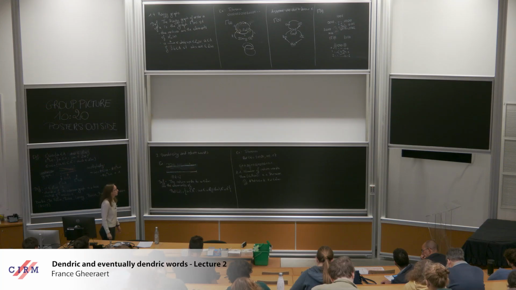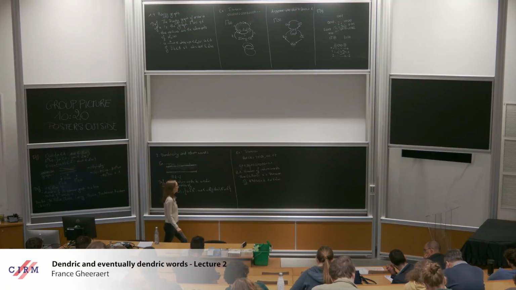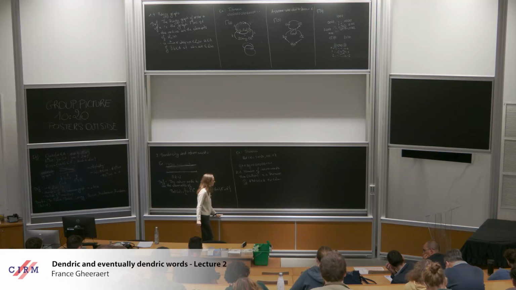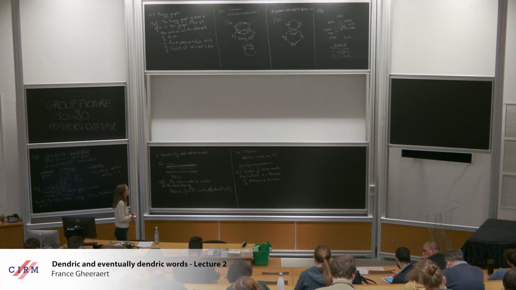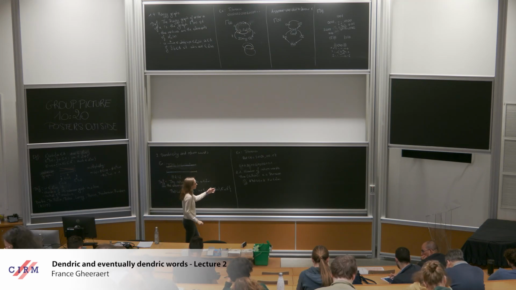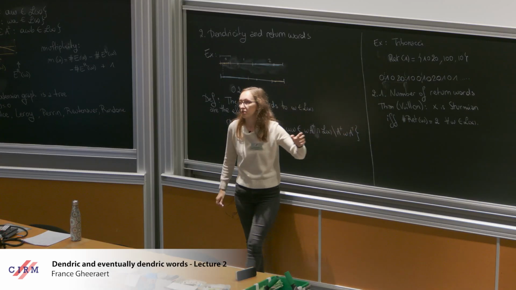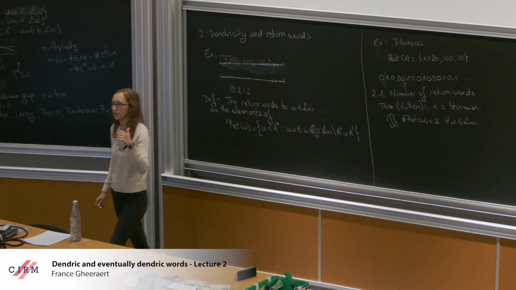Right? So this is maybe not the most well-known characterization of Sturmian sequences, but it is an interesting one. And of course, since we're studying generalizations of Sturmian sequences, it's quite natural to then want to look at the number of return words in these generalizations.